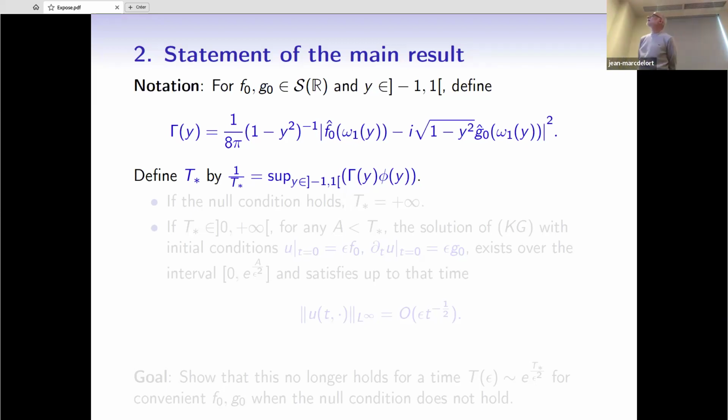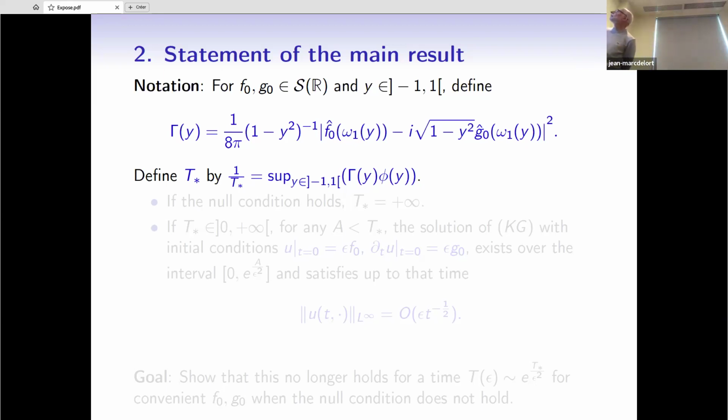Gamma of y is a function depending on the initial data f0, g0. Phi of y is a function that I introduced before. It depends only on the nonlinearity. And we are taking the supremum of this product gamma phi.